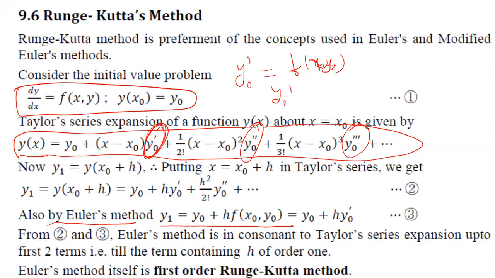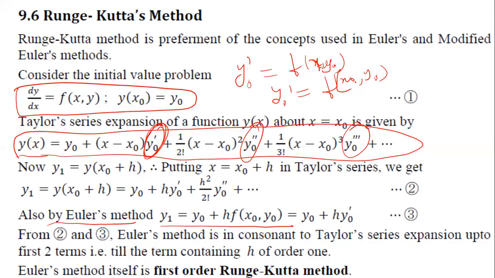Okay, so dy upon dx, like I said, if you choose your step size del x to be very small, or your h value to be very small, then your dy upon dx will be equivalent to differentiation of y at x naught. So the y naught prime is actually f of x naught, y naught. This is what we have discussed in our Euler method.